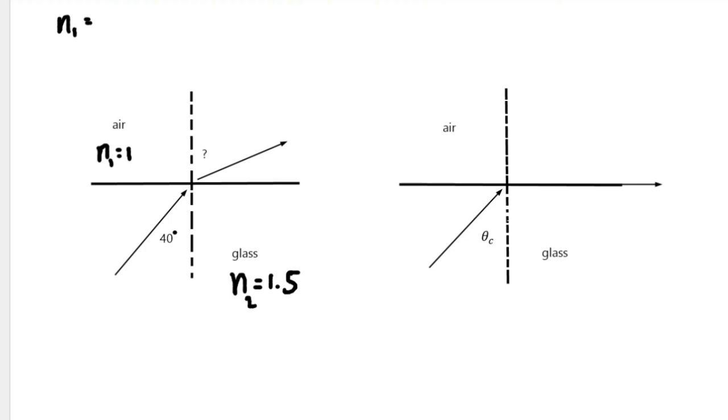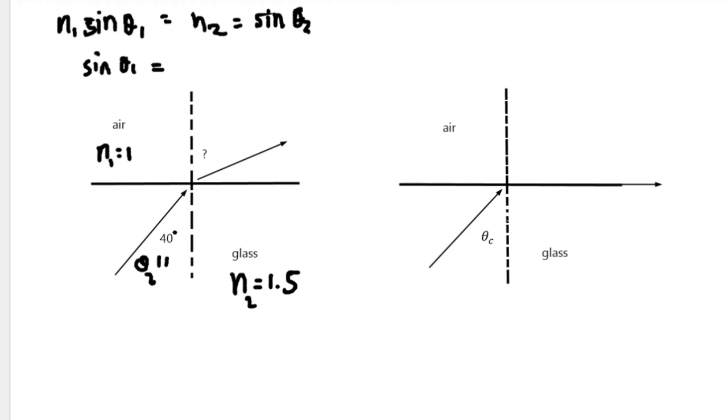Let's call this n sub 1 and n sub 2. In order to calculate theta 2, this is going to be theta 1. Our n sub 1 is going to be 1, sine theta 1 is going to be sine 40, and n sub 2 is going to be 1.5. This is multiplication.